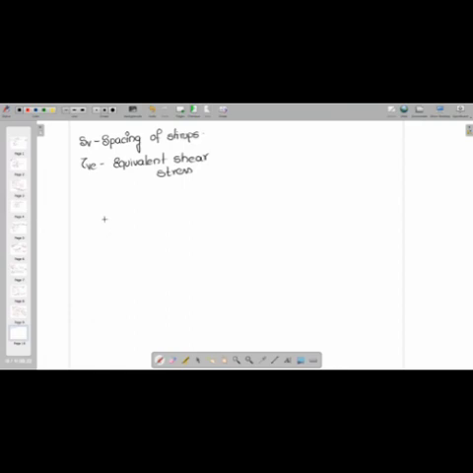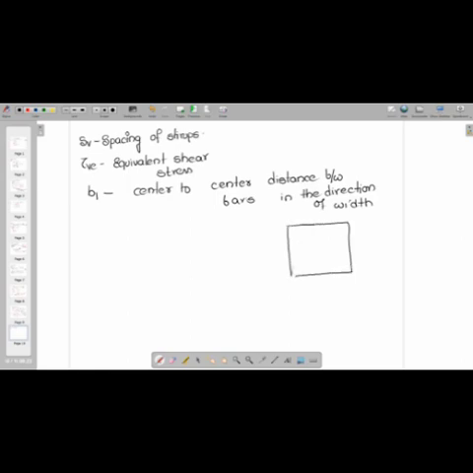What is b1, sir? b1 is the center to center distance between bars in the direction of width. See, students, I will show you one thing. Suppose you consider a column like this, and a stirrup here, you consider a bar like this. So b1 is the center to center distance between bars in the direction of width. This distance is known as b1.